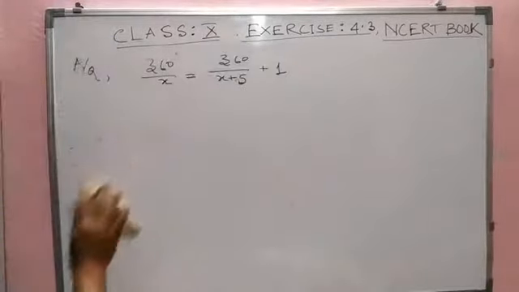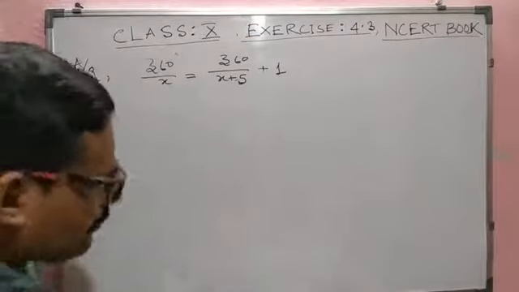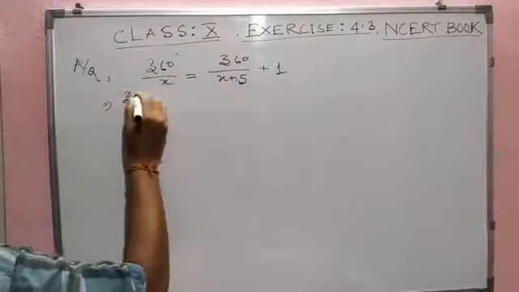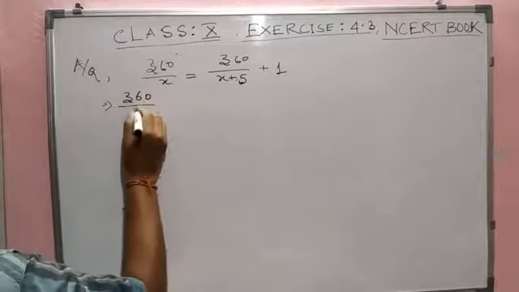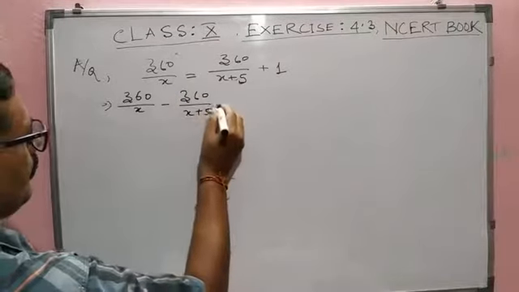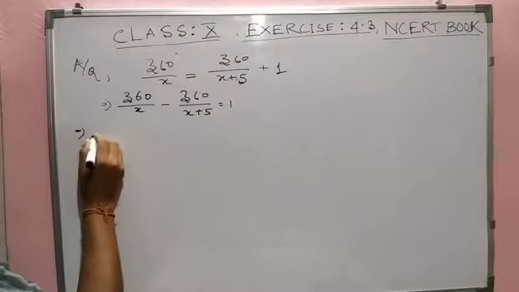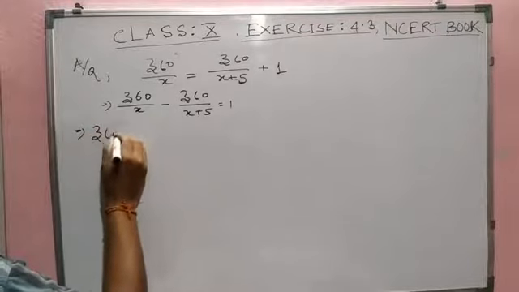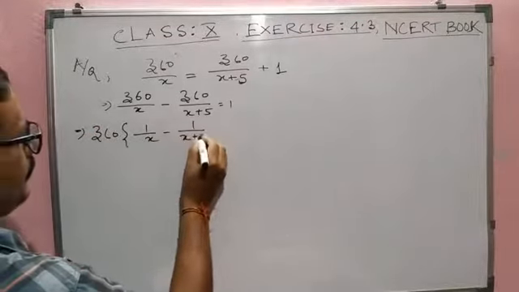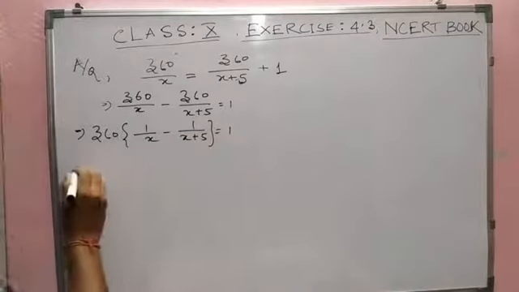On solving we get, to solve this equation, first of all you transfer this side. It will be 360 by x minus 360 by x plus 5 equal to 1. This implies take 360 common. So it will be 1 by x minus 1 by x plus 5 equal to 1.